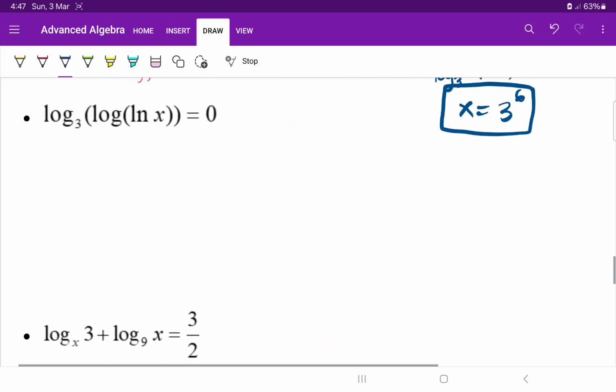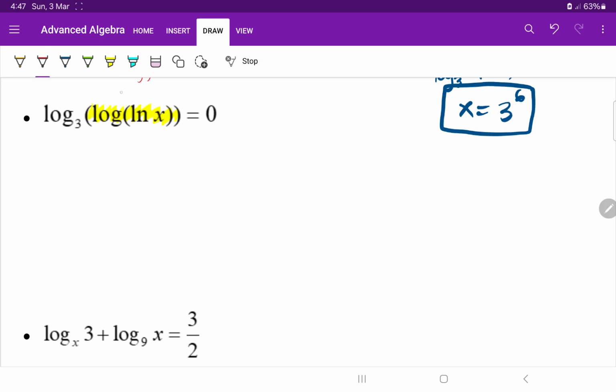Next item. Again, 3 log terms. The 2 terms are inside your argument. So again, the technique here is to always work first the outermost logarithm, which is log base 3. Okay? So let's just treat this as one big block.